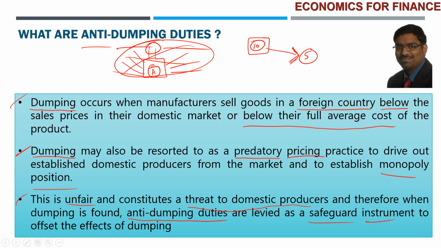So what is dumping? What is an anti-dumping duty? Dumping is the practice where manufacturers from foreign countries sell their products or services in the domestic market below their full average cost or below the prices at which they would have sold in their own domestic market, as a part of predatory pricing or to establish a monopoly position and completely drive out the domestic producers from the market.